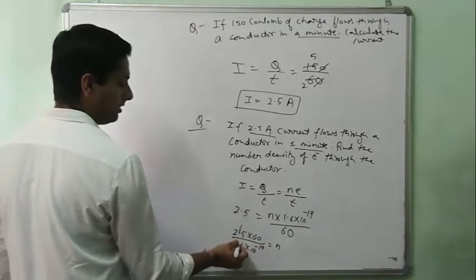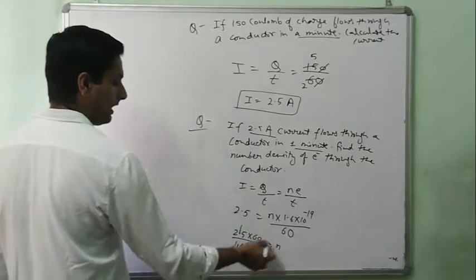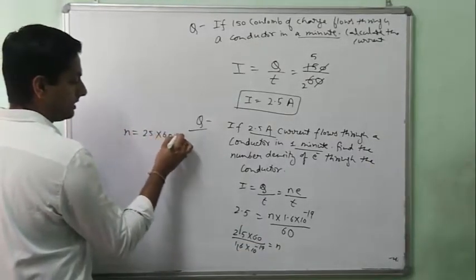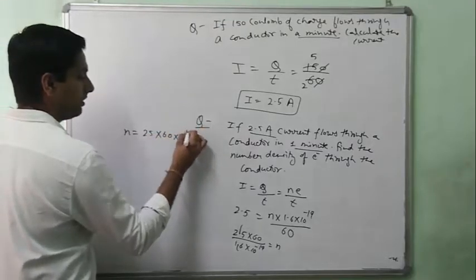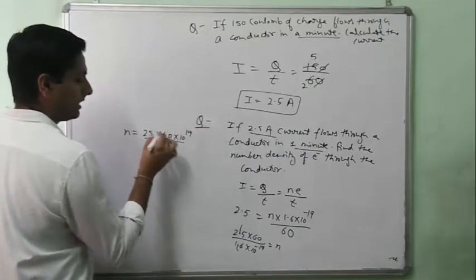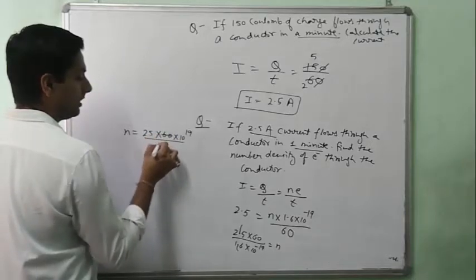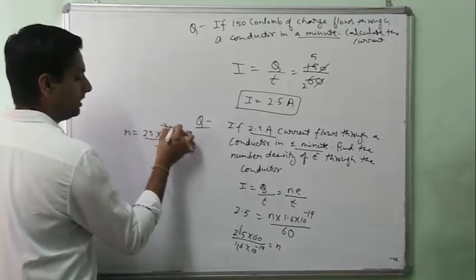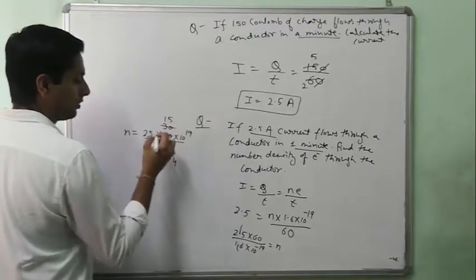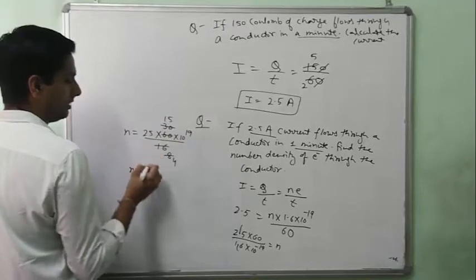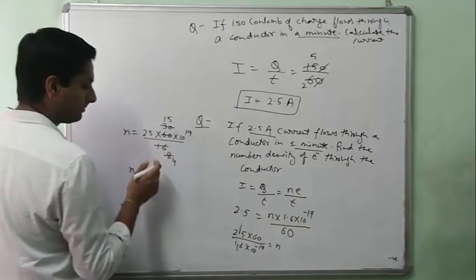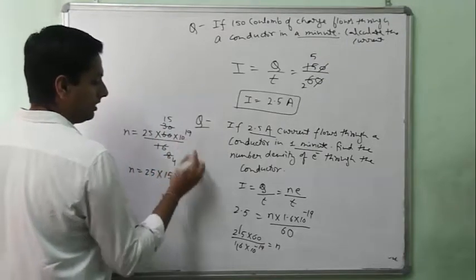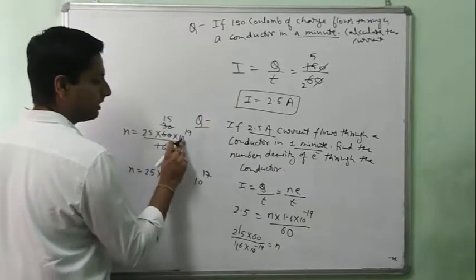If you can see, we can cut this down, and n will be 25 into 60 into 10 raised to power plus 19 will go up, and this will be 16. So now it can be written as 25 into 15, or we can say in the other manner also 25 into 15 into, let it be 10 raised to power 17 and 100 will be left here.